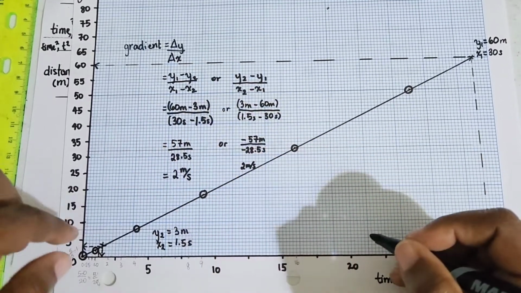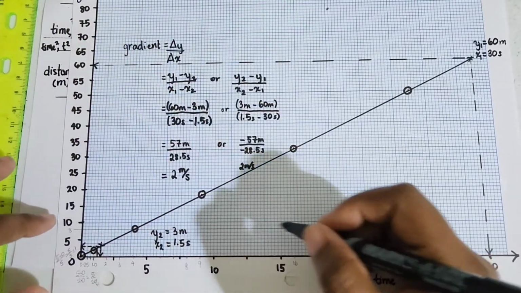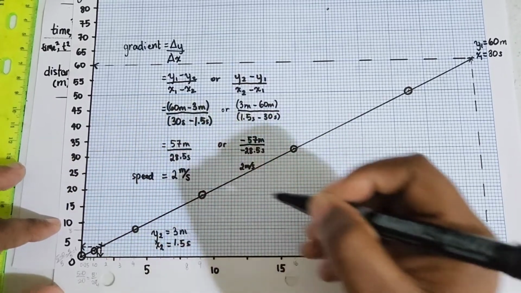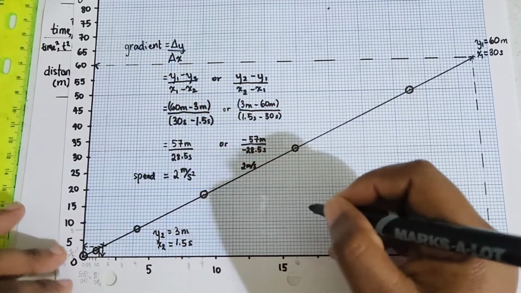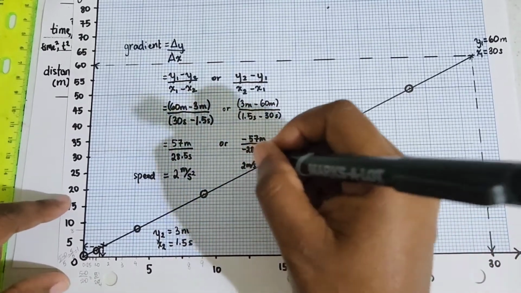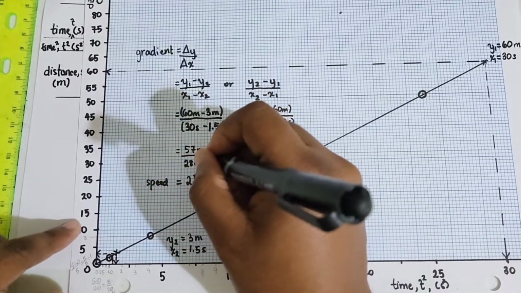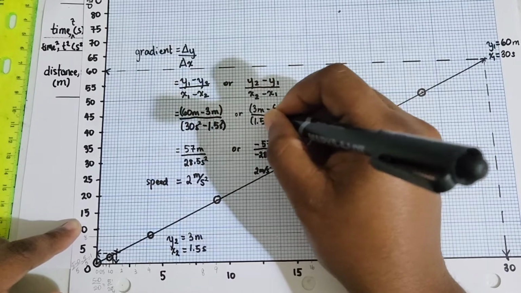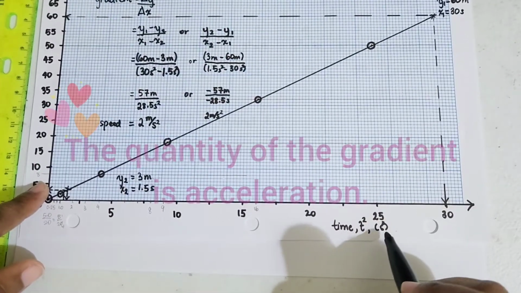So this gradient tells us that we are looking at speed. So the speed that the object was moving is 2 meters per second squared. Sorry, it doesn't tell us speed, it tells us velocity. Sorry. So these are all seconds squared, and my bad, these are all seconds squared, because this is seconds squared.